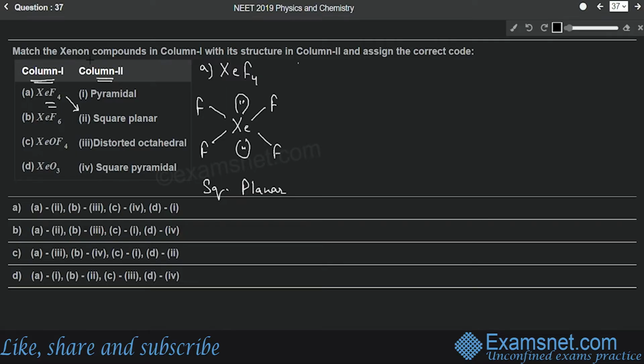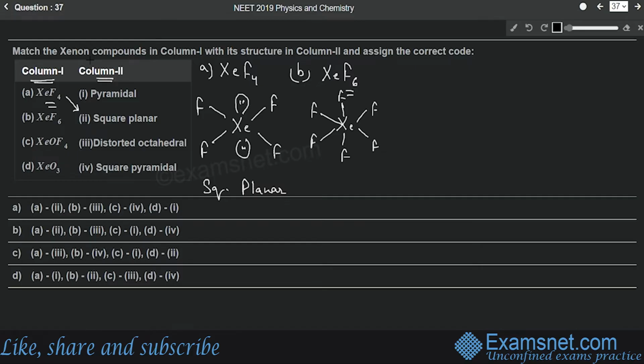Now we come to the second one. It is xenon hexafluoride. That means 6 fluorine atoms are there. Again the xenon has 8 electrons for bonding. Out of these 6 will be involved in bonding with 6 fluorine atoms. Okay. So 1, 2, 3, 4, 5 and 6. So there are 6 fluorine atoms bonded to the xenon. So out of 8 electrons, 6 are already utilized.